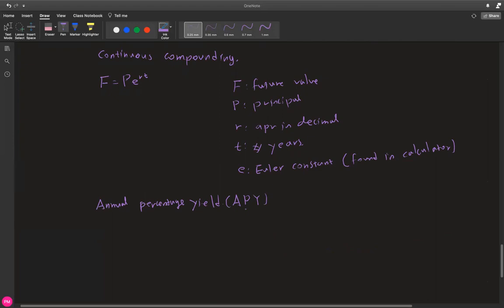Simply saying that this basically tells you the annual percentage increase on the value of an investment, and that's all there is to it.